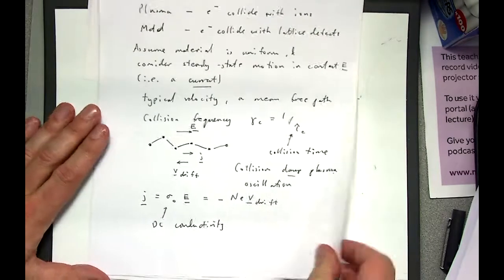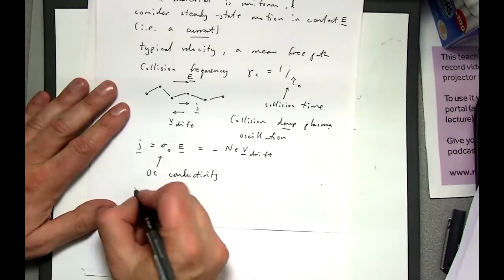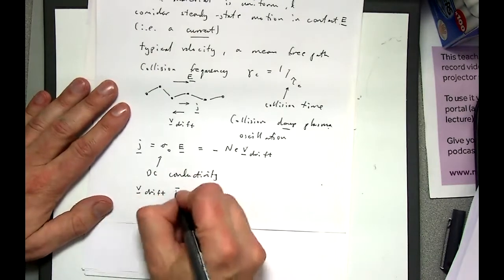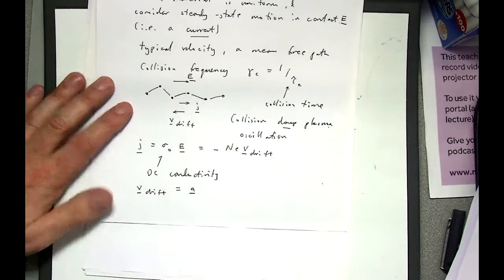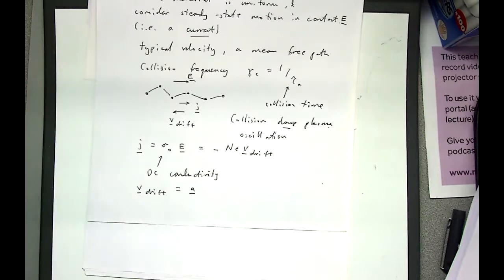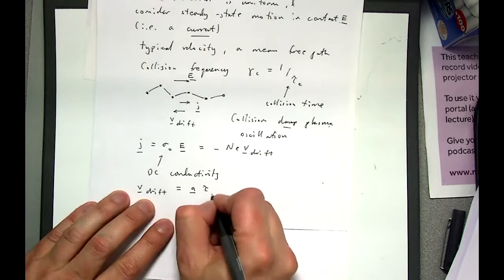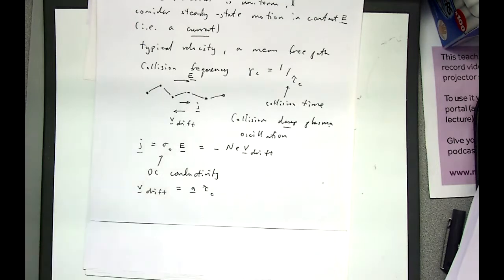But obviously we can relate the drift velocity in our microscopic picture. Each electron is accelerating under the action of the electric field, but it only accelerates for a collision time tau c before it gets stopped, let's say.